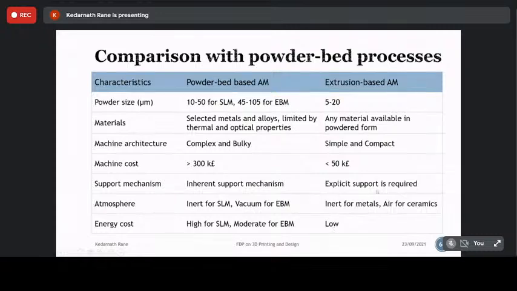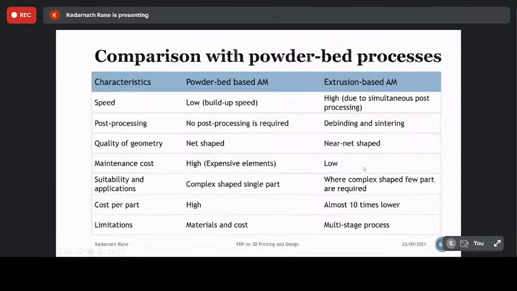Energy is low. There is a need for inert gas for metal processing, and air for ceramic processing, because ceramic is a stable material as compared to metals. There are other aspects I compared here: speed, post-processing, maintenance cost, and other costs.